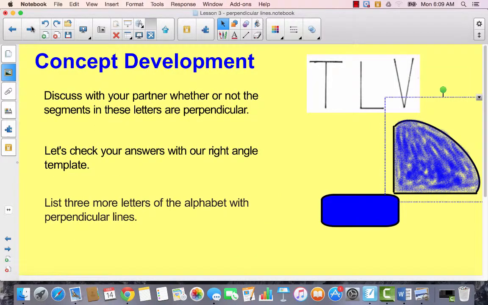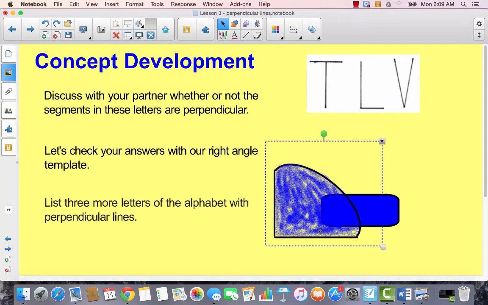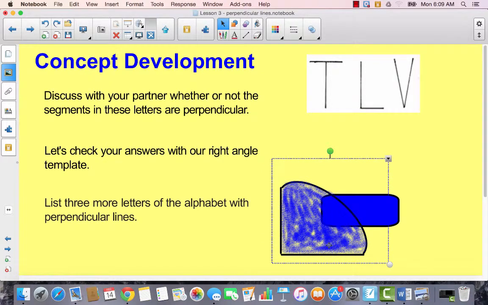Okay? All right, now, take a look at these 3 figures that I have here. It says discuss with your partner, but you don't have a partner right now. But we're just going to take a look at these letters. And I just want you to look at them and say to yourself, do you see any perpendicular lines?